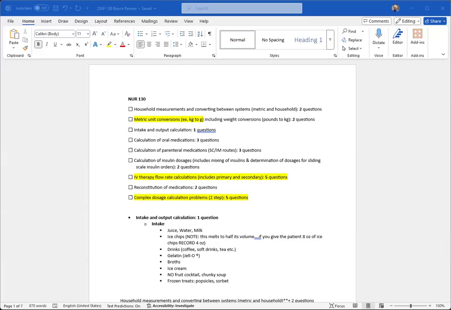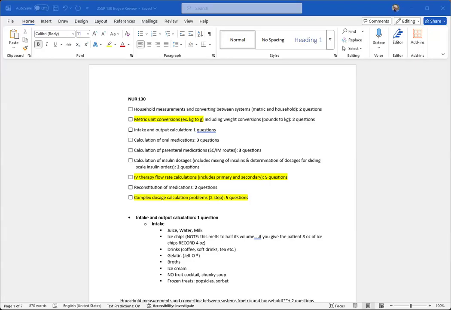As far as the IV therapy flow rate, yes, there are flow rate questions, and I'm going to talk about those. Primary and secondary all means is that, let's say you have a primary infusion going on, just normal saline for hydration purposes.